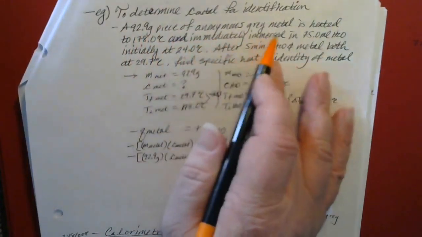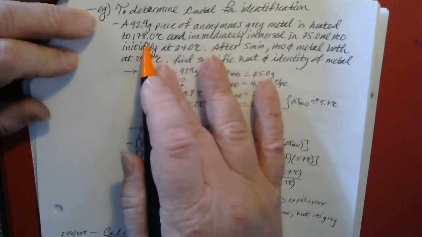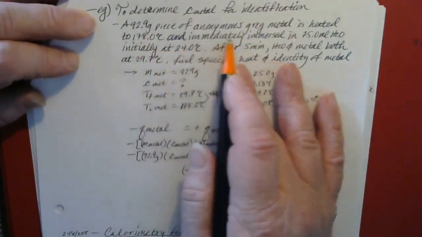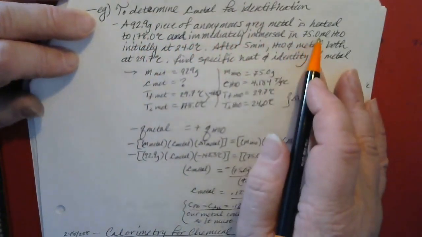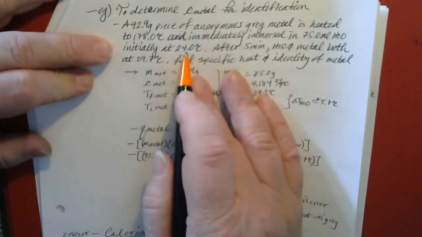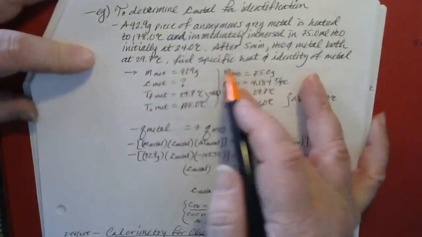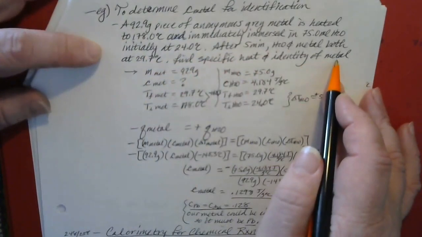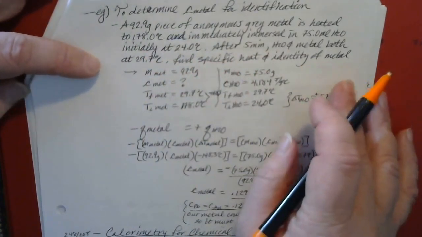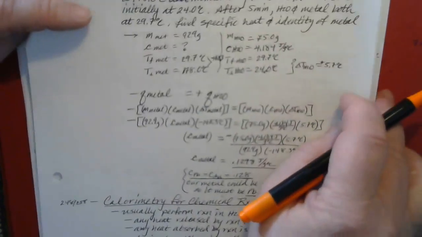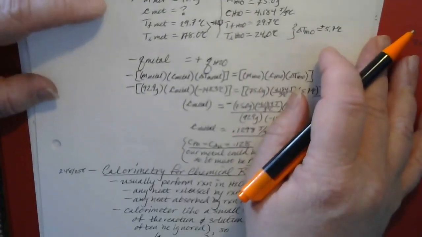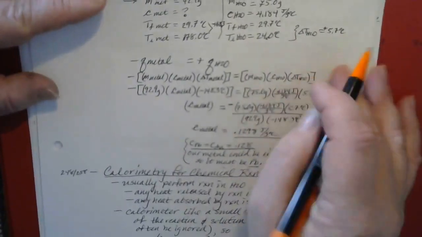A 92.9 gram piece of anonymous gray metal is heated to 178 degrees Celsius and then immediately immersed in exactly 75 milliliters of water at 24 degrees Celsius. After 5 minutes, the water and the metal have both reached the same temperature, 29.7 degrees Celsius. So find the specific heat of the metal and identify it by comparing the specific heat of the metal to the specific heats listed in the table that's given in the chapter.